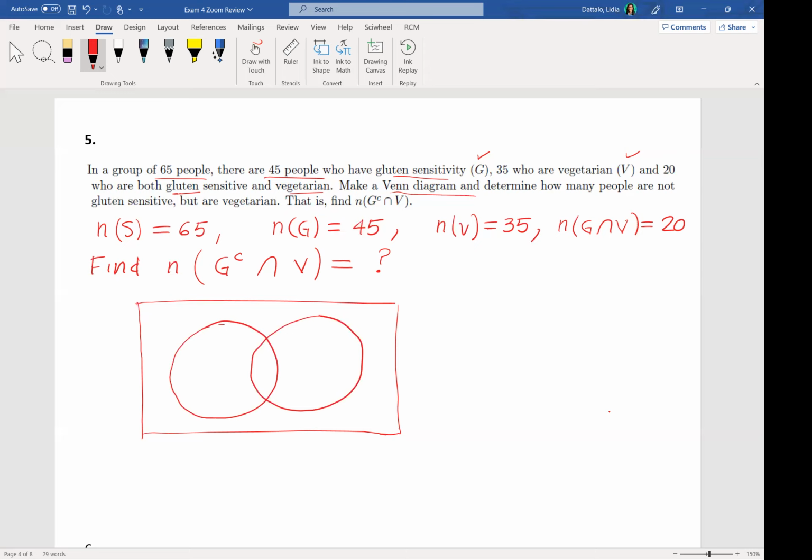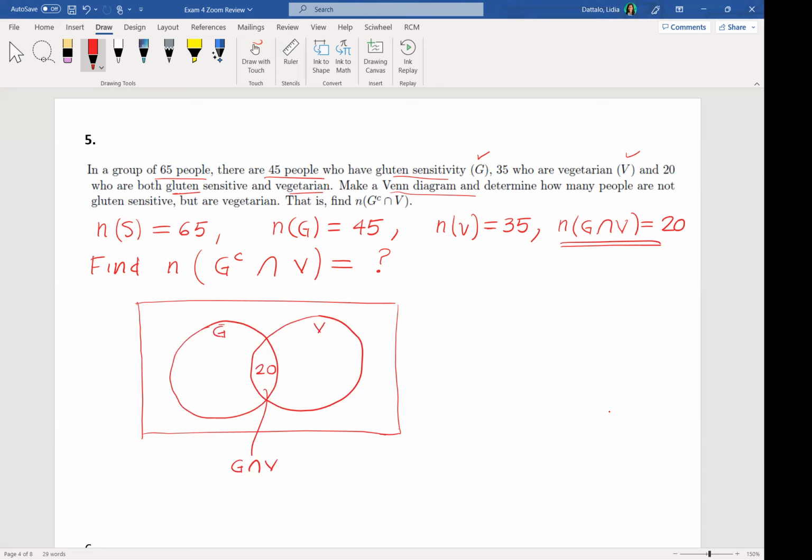Okay, let's call this space here G and V. Let's focus on the intersection between G and V. That's 20. That means this intersection right there has to be 20.